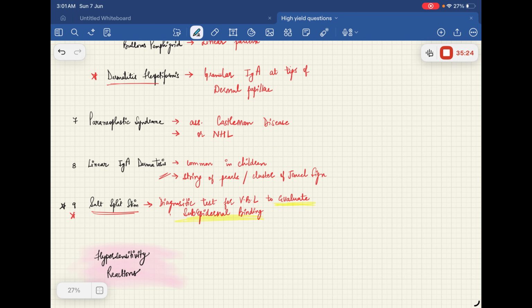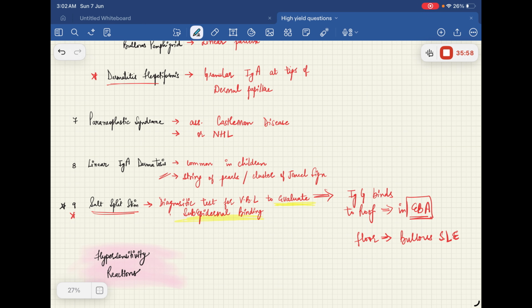So remember that IgG in this test binds to roof in epidermolysis bullosa acquisita, and it binds to floor in bullous systemic lupus erythematosus, which is lupus disease.